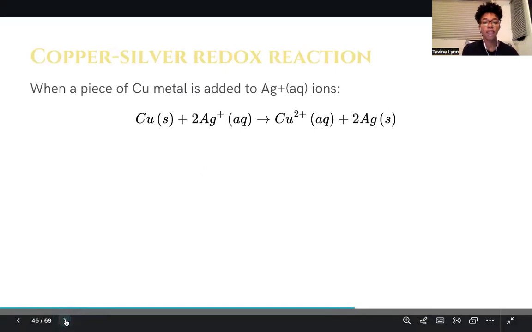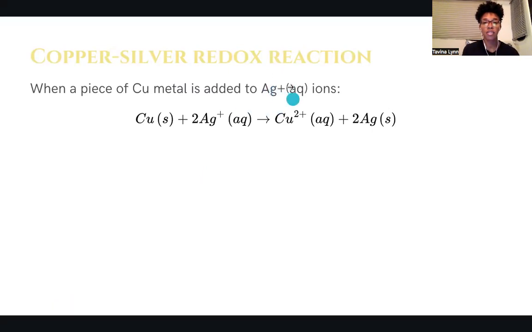If we have a piece of copper metal and we add it to a solution of silver ions, this is our reaction here. Copper solid plus silver ions. What we will see is that the copper will go into solution and the silver will precipitate out.